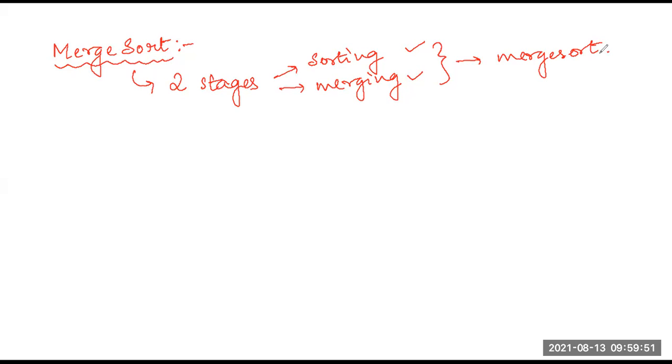That means we will divide the entire array into smaller parts and we will conquer, or find the results of the smaller parts, and then we will join them and finally find the result. Okay. Now, first let us study how this merging of two sorted arrays is happening.